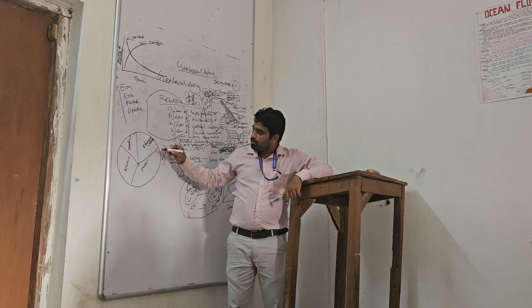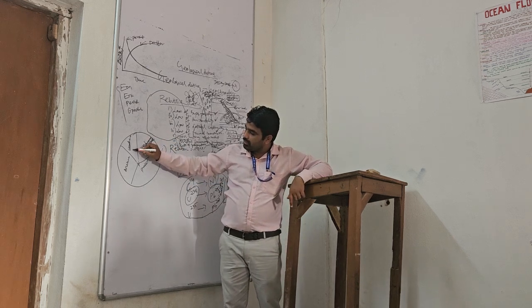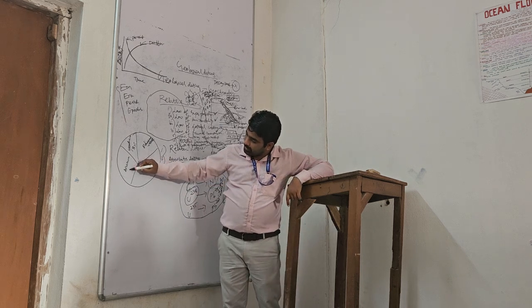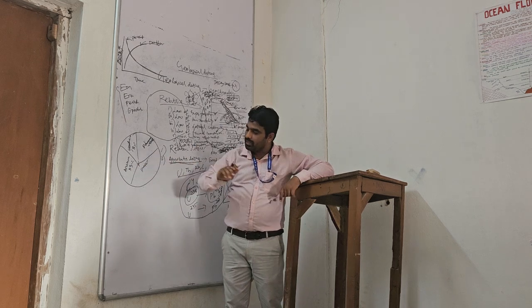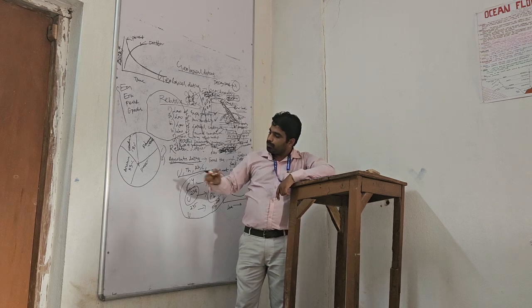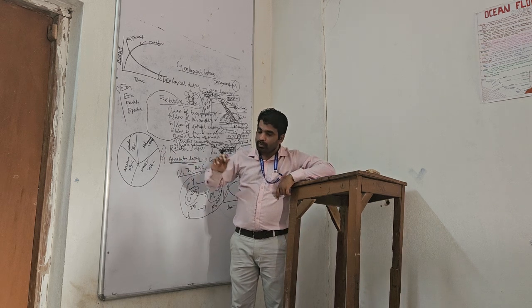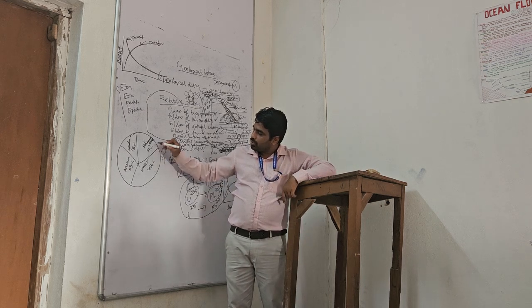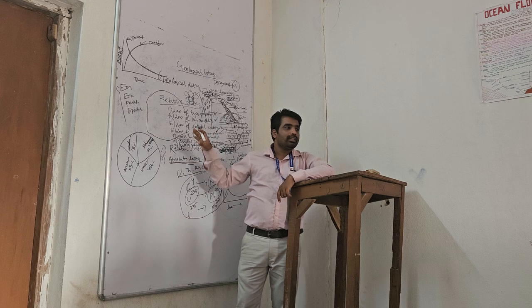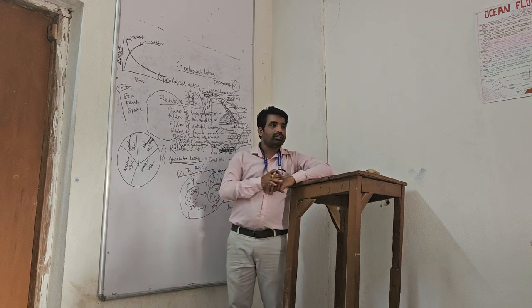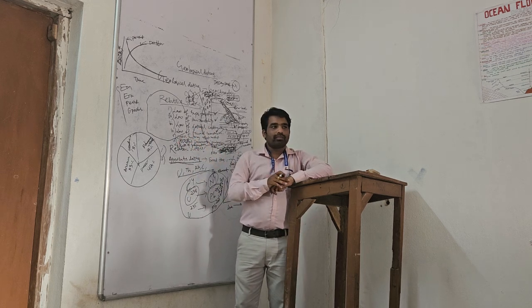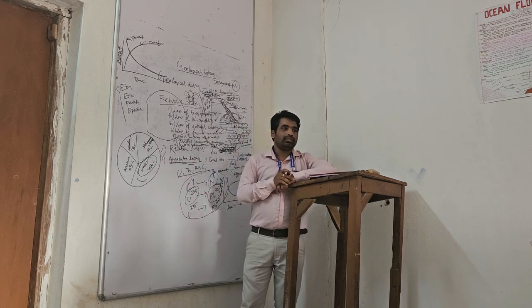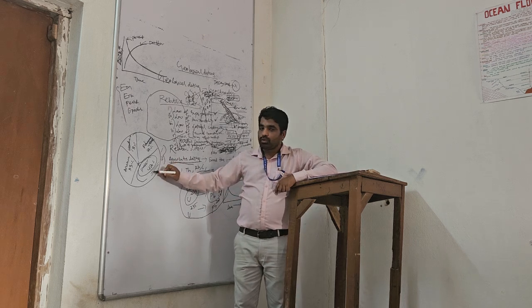Hadean is about 13% of the time period, and Archean is 33%, and Proterozoic constitutes 42% of the total time period, and Phanerozoic is just 12%. It has been determined. So the maximum time period is the Proterozoic, about 42% of the total.